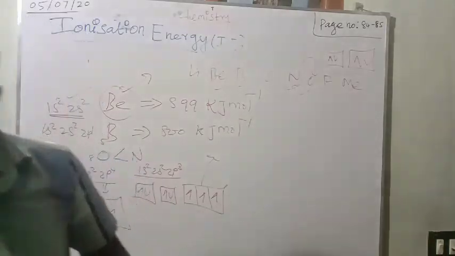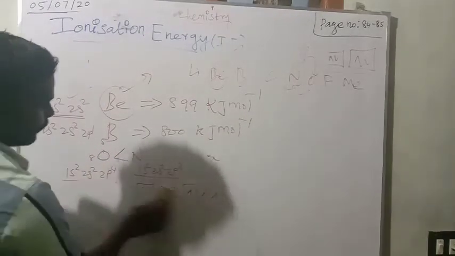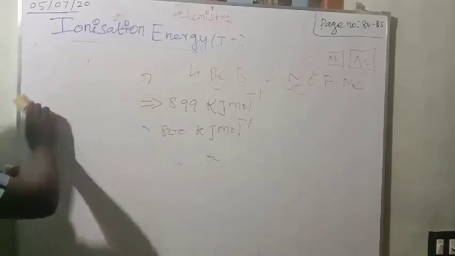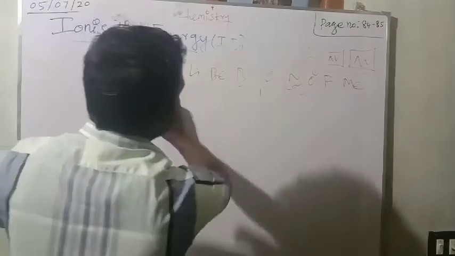Right? Now we are going to compare group wise ionization energy. Period wise we have completed. Period wise, what will happen? Left to right, ionization energy will increase.